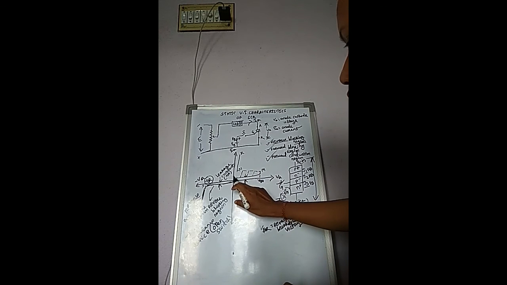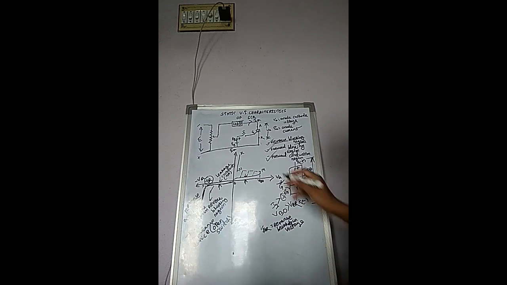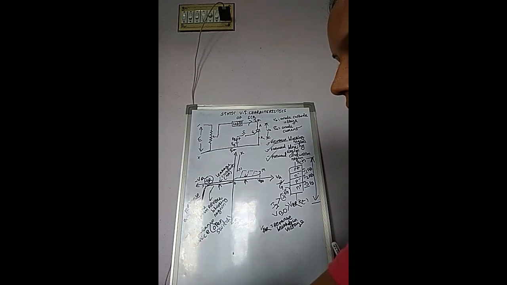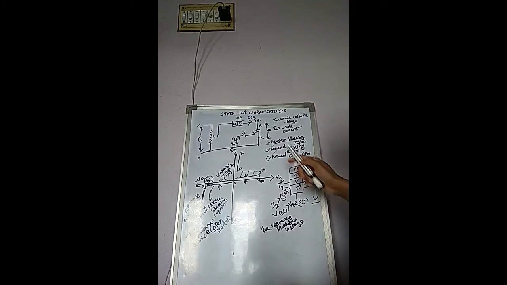This region is the forward blocking region, and in this region the device will not conduct, that means it is in the off state. The next region is the forward conduction region. After going through this forward conduction region, I will tell you what this VBO is and how it is related to VBR.